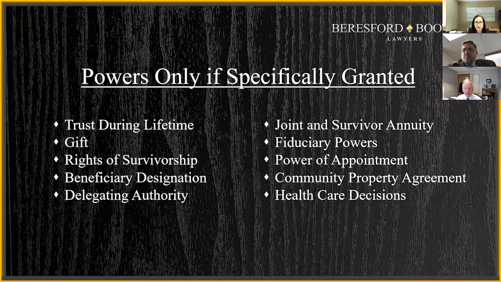And typically, we would have some sort of language that would also provide some additional guidance to the attorney in fact as to what kind of gifts. Are these gifts that are limited by the federal annual exclusion, currently $15,000 a year to each potential recipient?